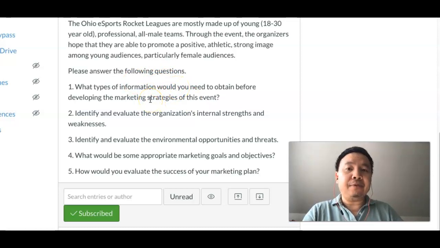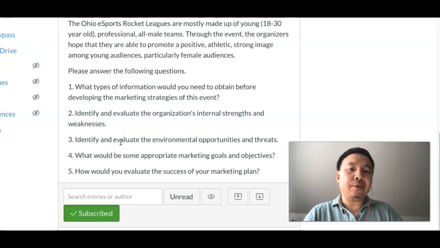First question, what types of information would you like to obtain before you develop your marketing strategies? Second, identify and evaluate the organization's internal strengths and weaknesses, right? And then evaluate and assess the external opportunities and threats. So basically you have to conduct a SWOT analysis, right?